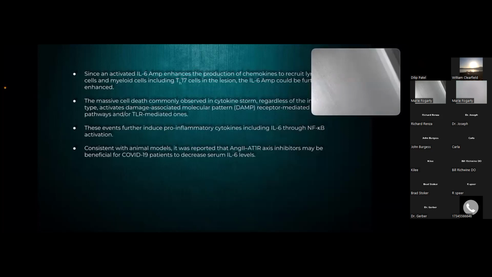And of course, Dr. Halas had talked about the literature supporting that, that would fit for COVID, that you could buffer a cytokine storm to a certain degree by using losartan.